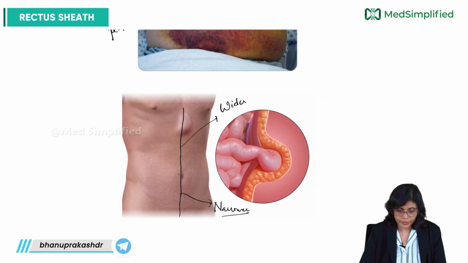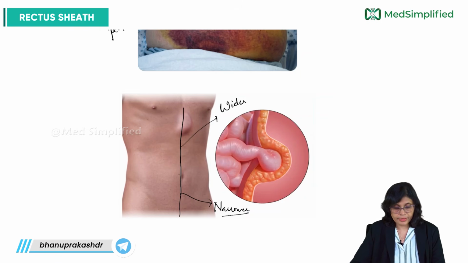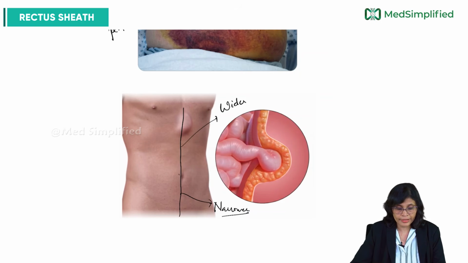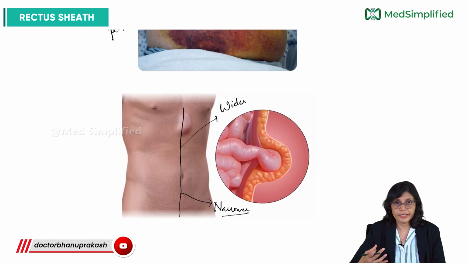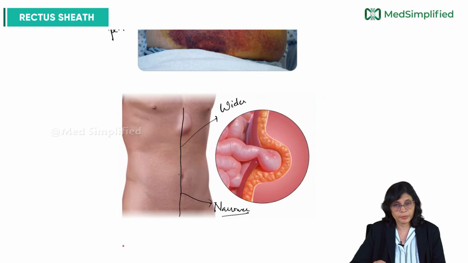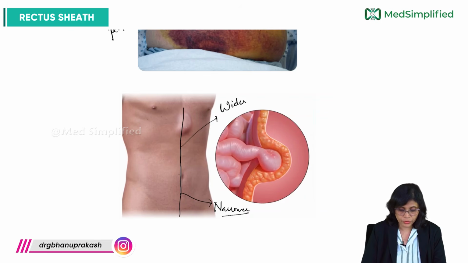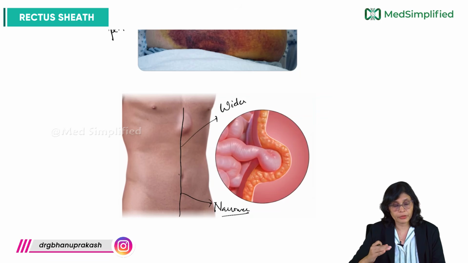This linea alba becomes weak in elderly multiparous women and also in chronically ill children, and when there is increased abdominal pressure, the extraperitoneal fat can first protrude through the linea alba in the upper part above the umbilicus.